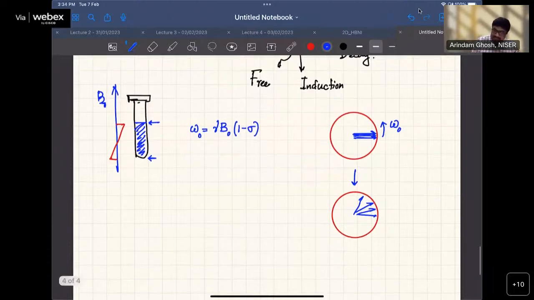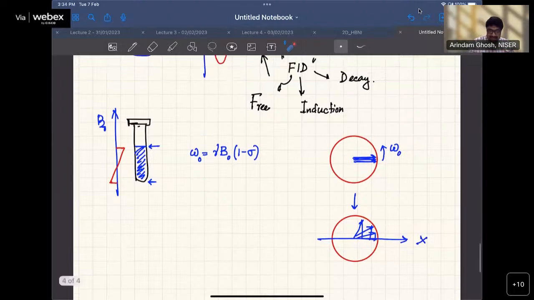So by the time they come back one more time, they have slightly dephased just because of this inhomogeneity. It started from a bunch, they go all the way around, come back, and a little bit is disturbed because they have different omega 0. After another round they come back, and there will be more. Therefore the X component, which is in this direction, the projection of all these, is a vectorial addition. Here all of them had the same direction, but here there is only a little bit, so the X component will go down.